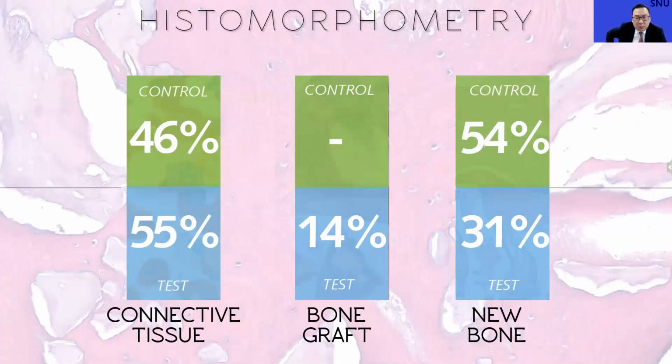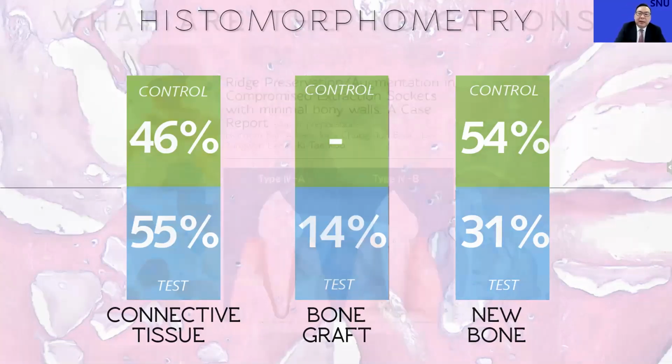That's quite remarkable, because we know that from the beginning, we lost a lot of buccal and lingual wall also. So it was compromised to begin with, and then we're stuffing a lot of biomaterial inside these compromised sockets. I don't think we expected this type of good results. And 31% of new bone formation was quite exciting for our group, and we were very happy to see these results.